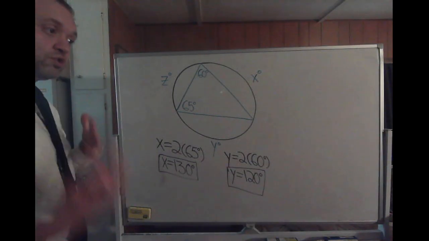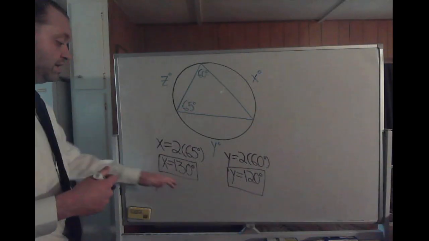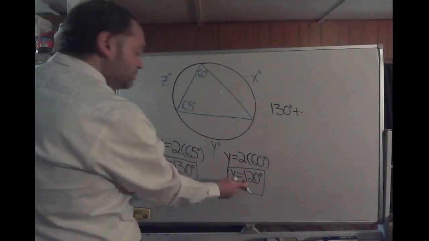We know the measure of the arcs of a circle is 360 degrees. So take your x value of 130 plus your y value of 120 plus your z, which we don't know, and set that all equal to 360 degrees.